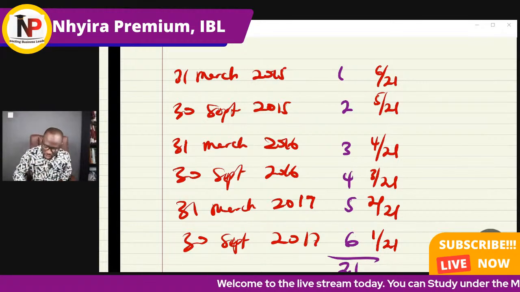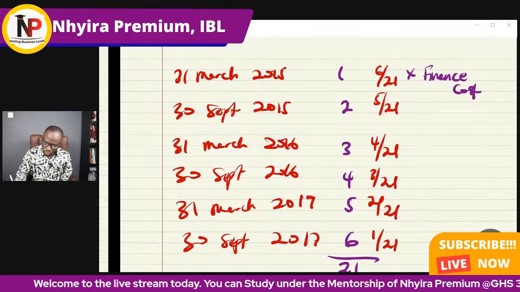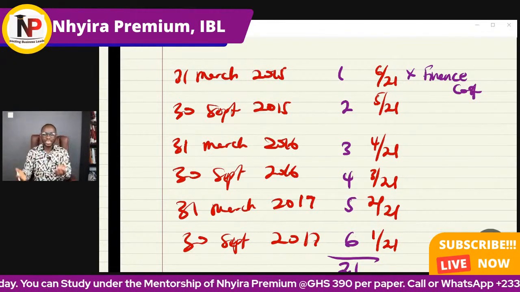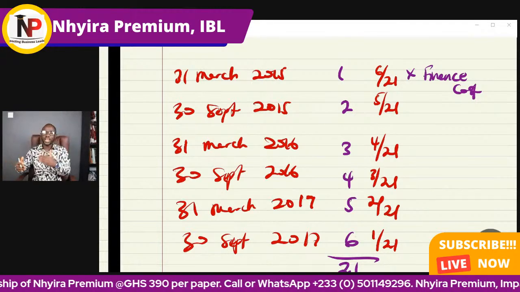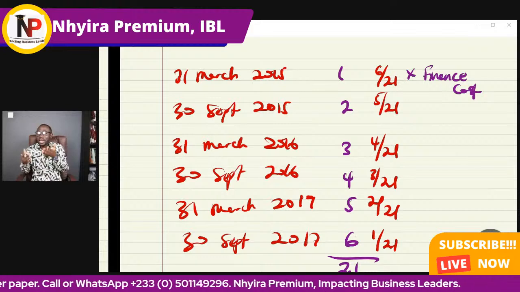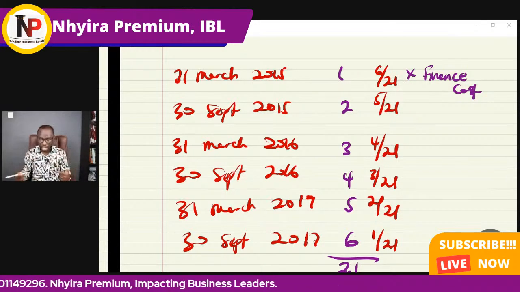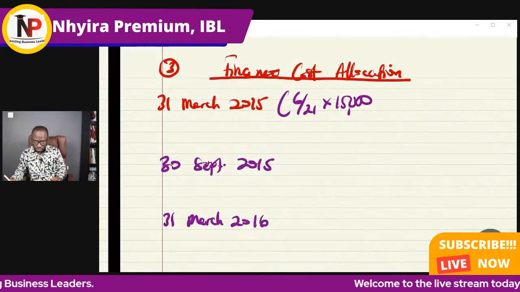Then these fractions will be used to multiply the finance charges or the finance cost we computed so that we get a respective finance cost for the period. The idea is that as the lease time comes to a closure, the finance cost we charge reduces. So this is another way the sum of year digits can be calculated if we're not using the formula, and it is the same thing in that case.